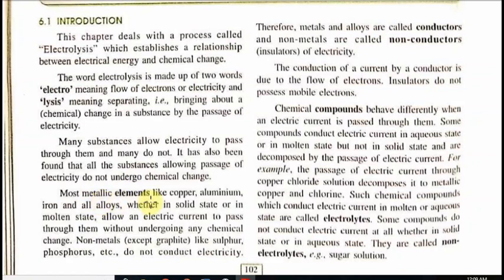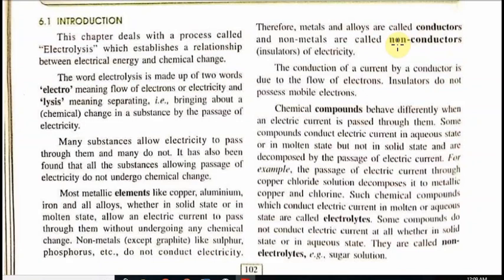Now look at this. Most metallic elements like copper, aluminum, iron and alloys allow electricity to pass, but there is no chemical change. Therefore they are called conductors. Conductors means the substances which allow electricity to pass through them.